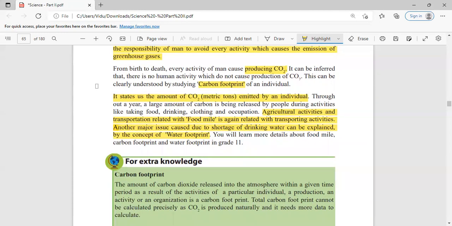It states the amount of carbon, in metric tons, emitted by an individual. Agricultural activities and transportation are related to food miles. Another major issue caused by shortage of drinking water can be explained by the concept of water footprint.